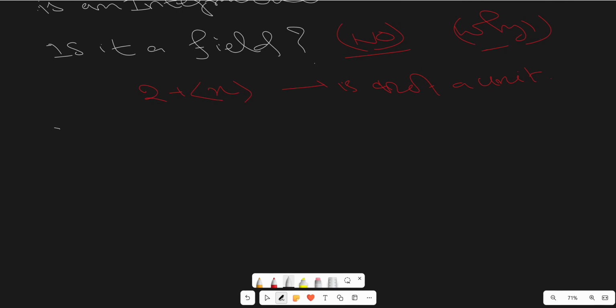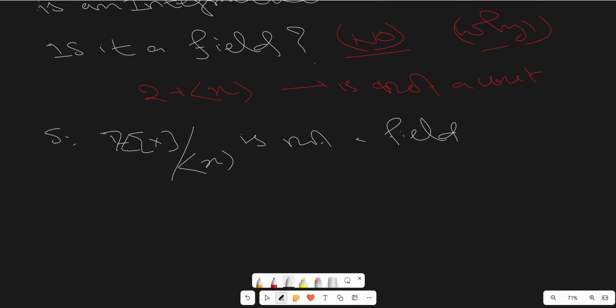So Zx by the ideal generated by x is not a field because of this. From here to here, this statement will imply that this is not a field.